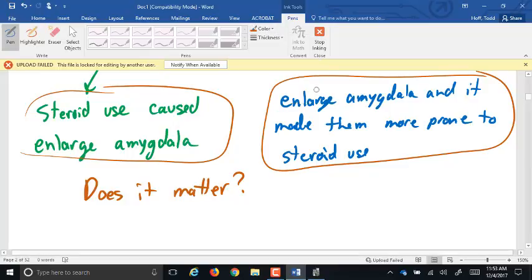What do you guys think? Let's narrow it down. Part of it comes down to the purpose of the study.